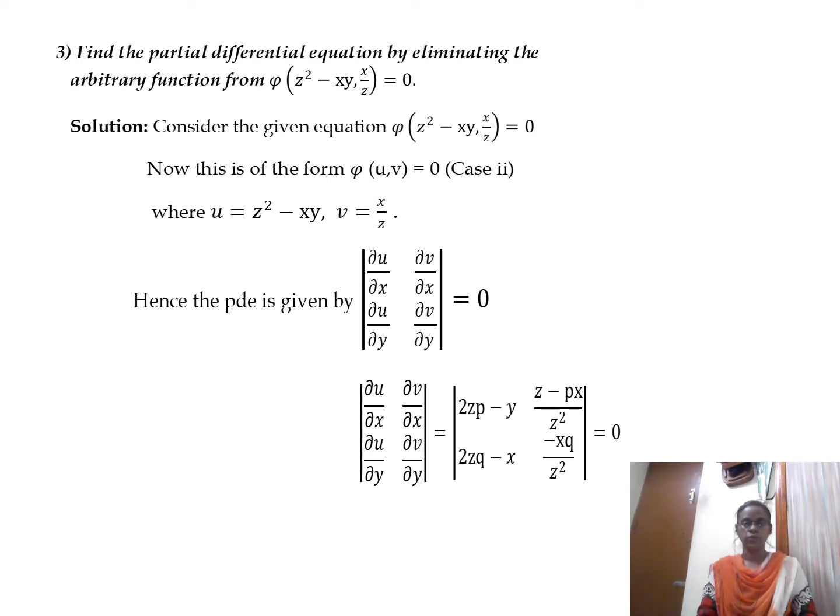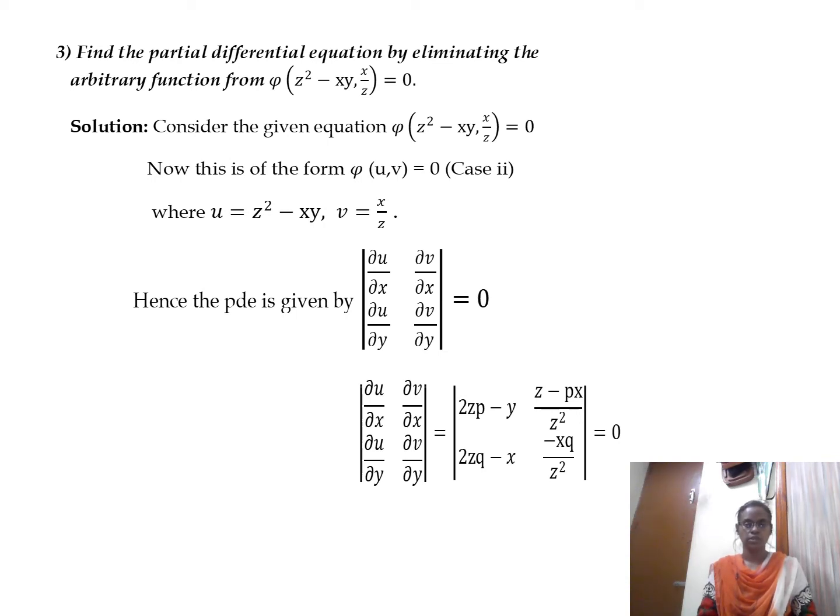Dou v by dou x on the first row. But what is v here? X by z. It is of u by v form. I think you all remember how to differentiate u by v form. Otherwise, again I'll repeat. Whenever you have u by v, when we differentiate that, denominator is going to be v squared. So here we have z squared.